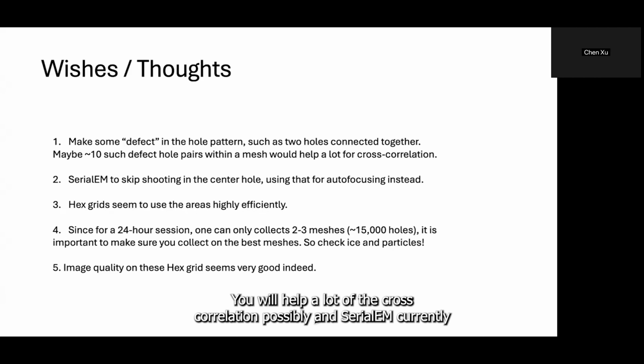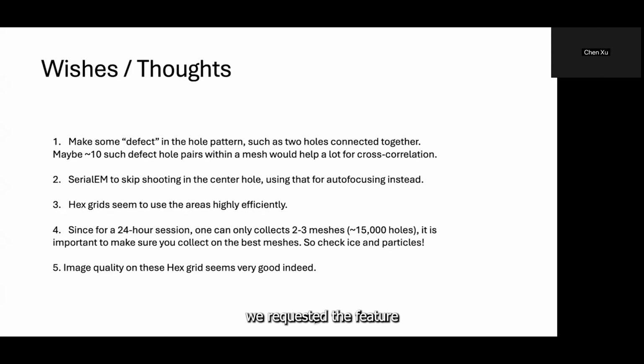And in SerialEM, currently we requested the feature of skipping the very center hole, because we need that one to do some initial autofocusing. We'll burn the hole anyway. But currently that's not put in yet, I think.